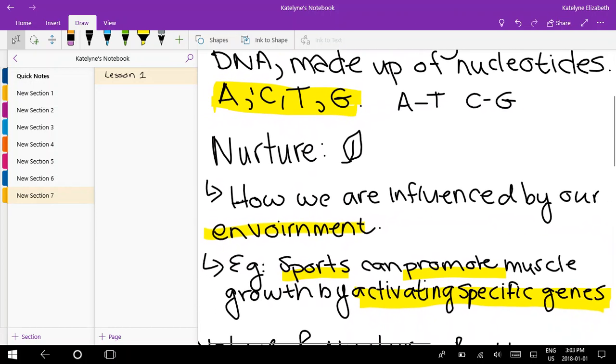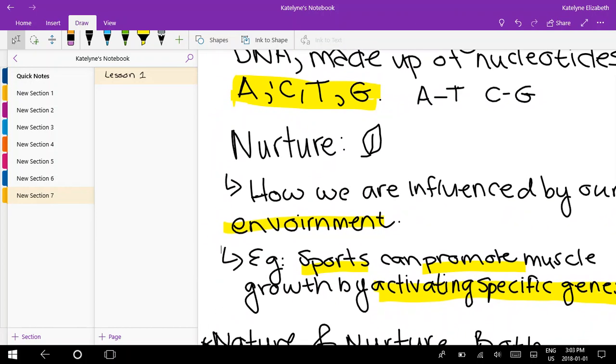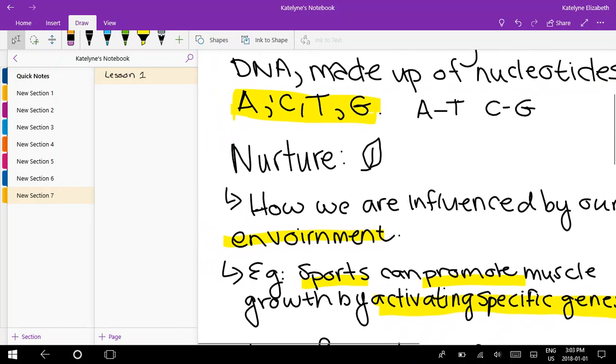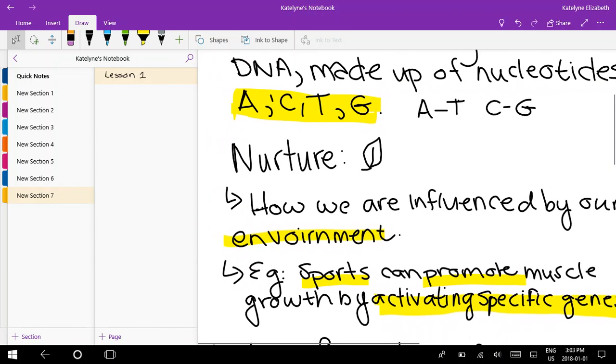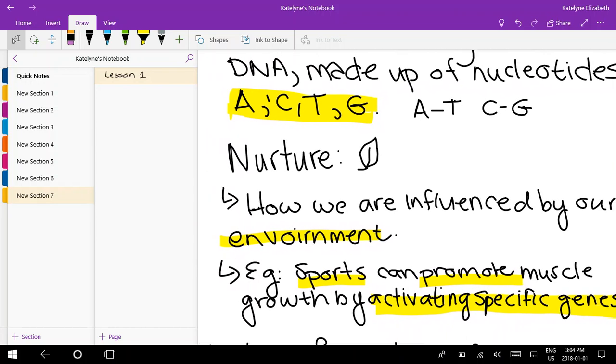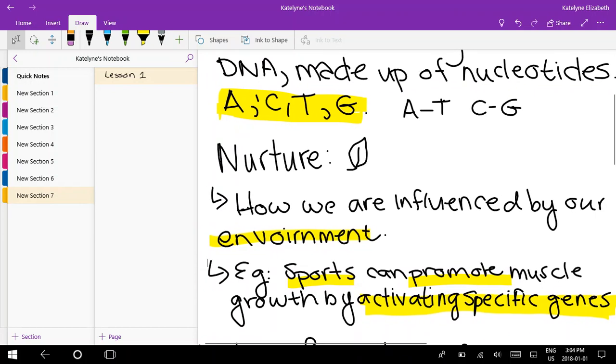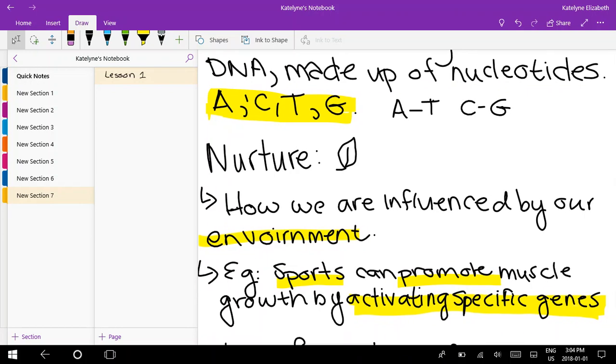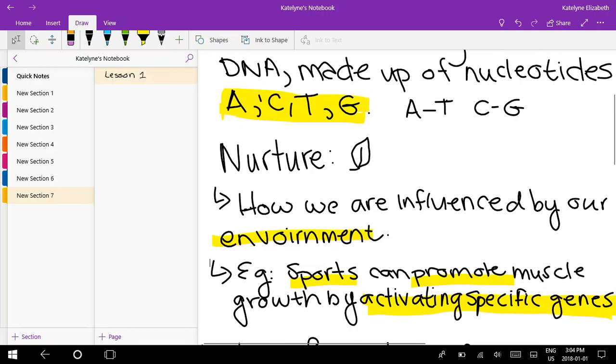And an example is that sports can promote muscle growth by activating specific genes. And that's kind of cool. And this is where epigenetics comes into play. So, if you noticed, I highlighted activating specific genes. So the first thing to notice is sports, and then activating specific genes.